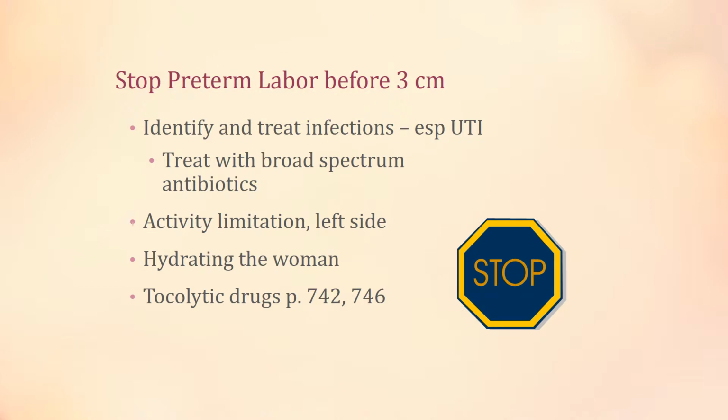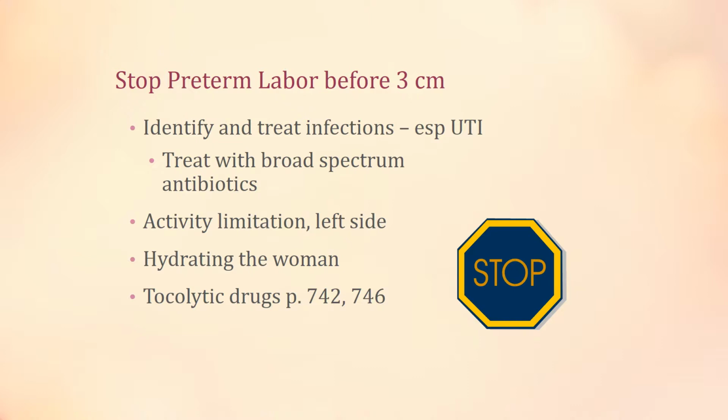So we want to stop preterm labor before she reaches 3 centimeters. We want to treat infections, especially UTIs. Broad spectrum antibiotics are usually best. Limit activities, left side is good. She needs to keep hydrated.